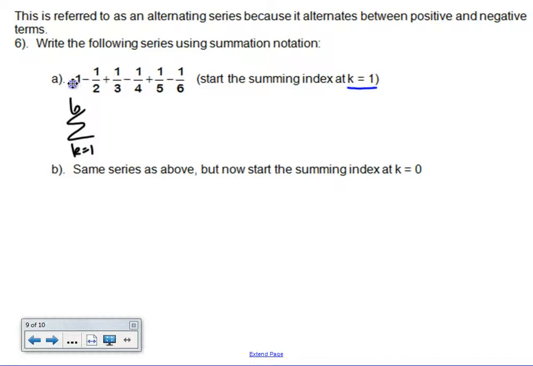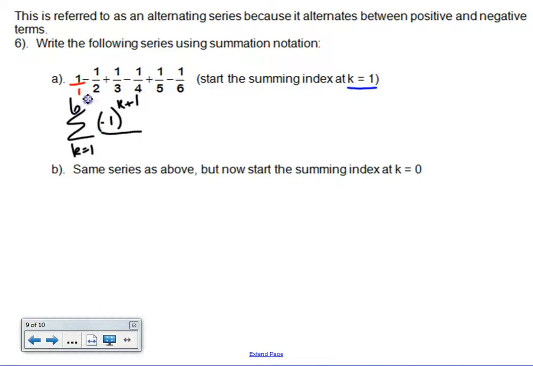And if I rewrite this as 1 over 1, I think it fits the pattern a little better. Remember when we talked about alternating series, there's going to be something with a negative 1 in front. If I just take it to the k power, that's going to give me the wrong sign, because negative 1 to the first power does not give me a positive coefficient. So I'm going to do k plus 1 power. That'll give me the correct number as my coefficient.